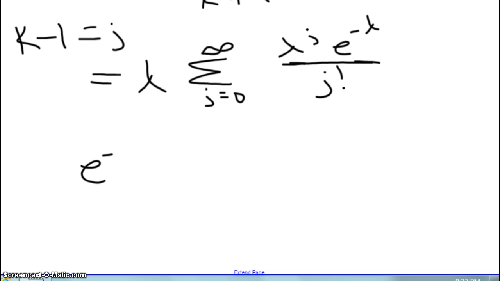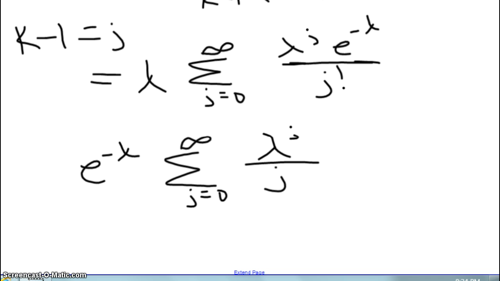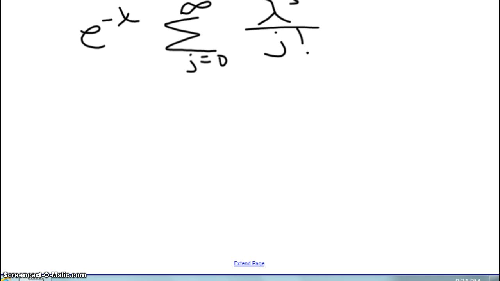So we're going to have e to the minus lambda, the sum from j equals 0 to infinity of lambda to the j over j factorial. And what we find is that this is actually an exponential.